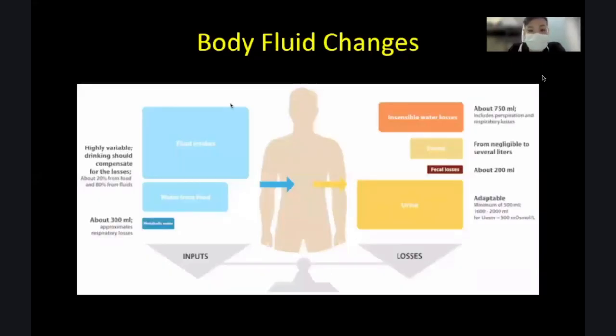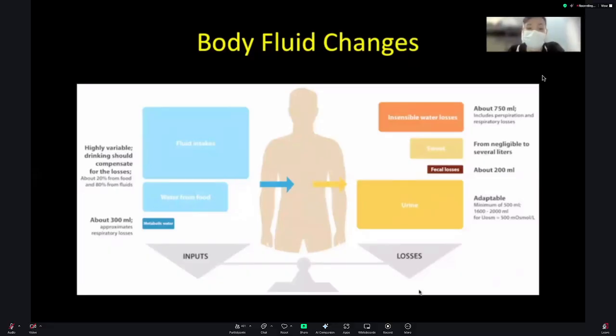So this diagram just shows that in a human being, there should always be a balance between fluid intake and fluid output or losses.